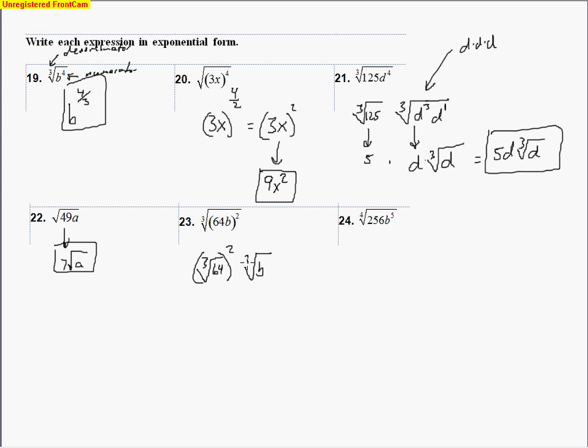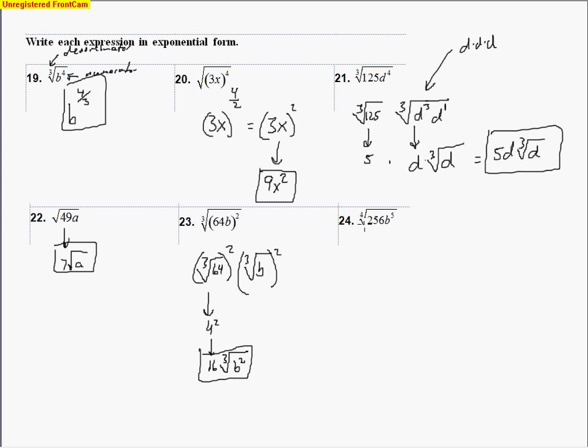However, this is not a perfect cube, so nothing's going to happen on that part. So I take the cubic root, which is 4, and then I square that answer, and that makes 16. And then over here, I can just write this as the cubic root of b squared. So I was not able to take the cubic root of b, so I just left it underneath the radical sign, went ahead and squared the number, and just leave it in that form there.